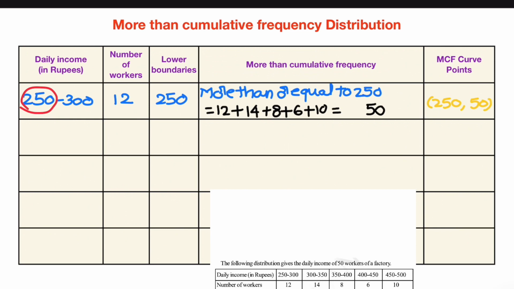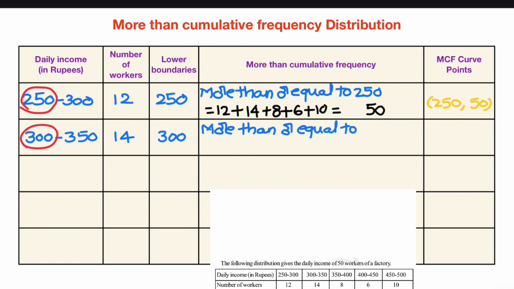Second class interval 300 to 350. Number of workers 14. Here lower boundary of the class interval is 300. Greater than cumulative frequency of this class interval means number of workers who have daily income more than or equal to 300.